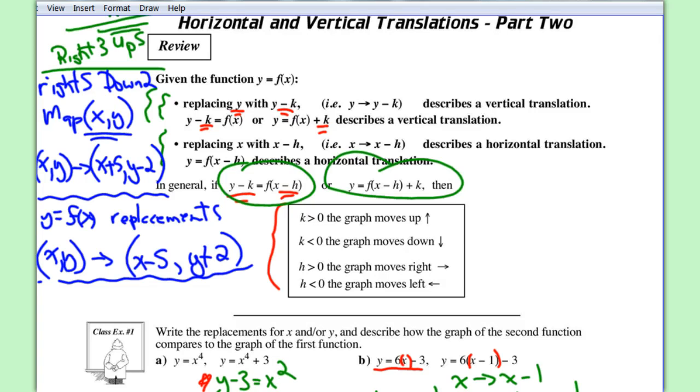So in function notation, we would have y plus 2 is equal to f of (x minus 5), which, as we looked at up top, could also be written as y equals f of (x minus 5) minus 2.